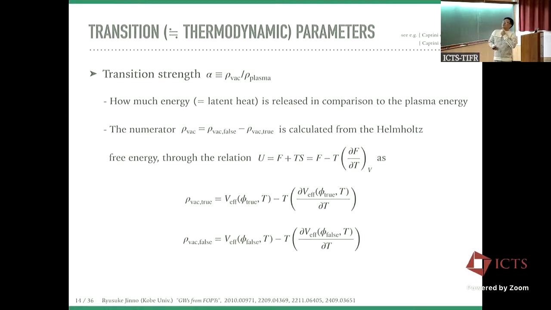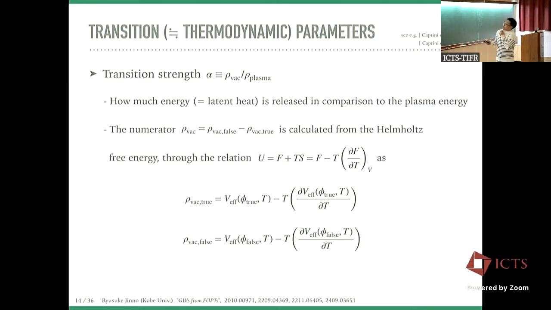Okay, the first quantity is the transition parameter alpha. And actually, I explained this already. It's defined as the vacuum energy released normalized by the plasma energy density. It's a dimensionless quantity. So alpha determines how much energy is released in comparison to the plasma energy density.